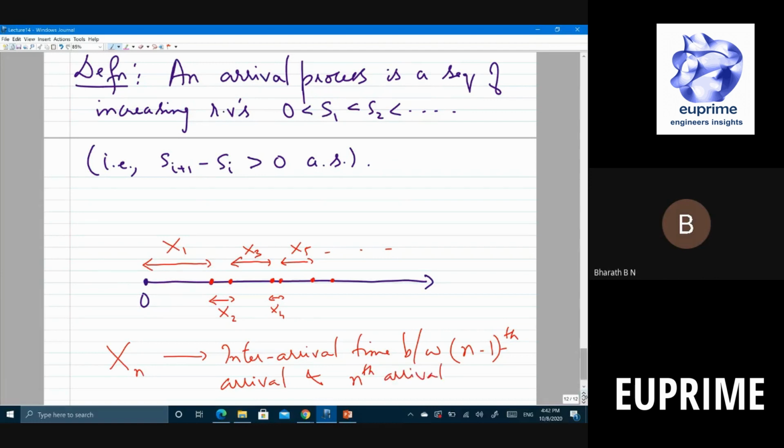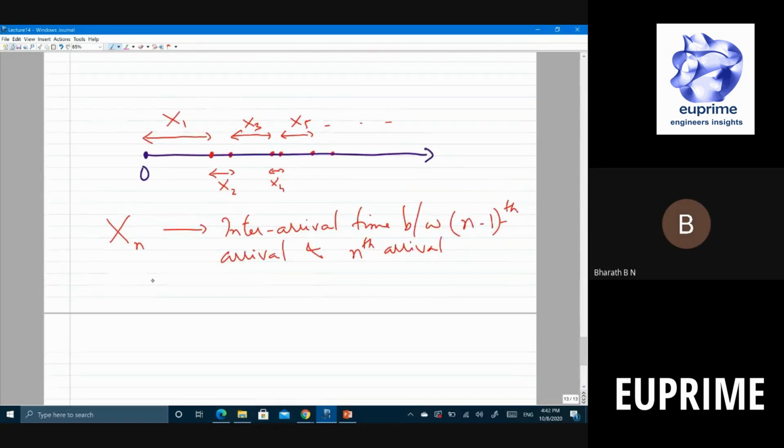So mathematically, how do you write this? Well, in terms of Si's, it's Sn minus Sn minus 1. Do you agree? This is how I can write it. So this is for all n greater than or equal to 1.